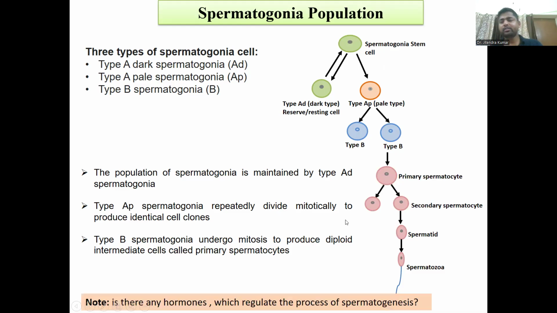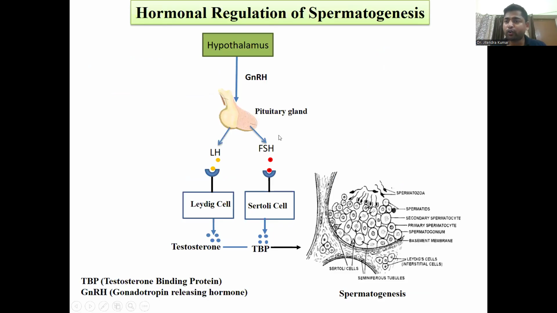Now the question is, are there any hormones which regulate the process of spermatogenesis? Yes, there are hormones secreted by the hypothalamus of the brain. The hypothalamus secretes GnRH hormone, gonadotropin releasing hormone. GnRH acts on the pituitary gland.